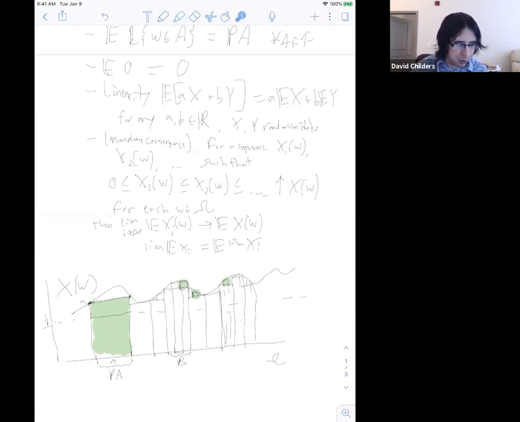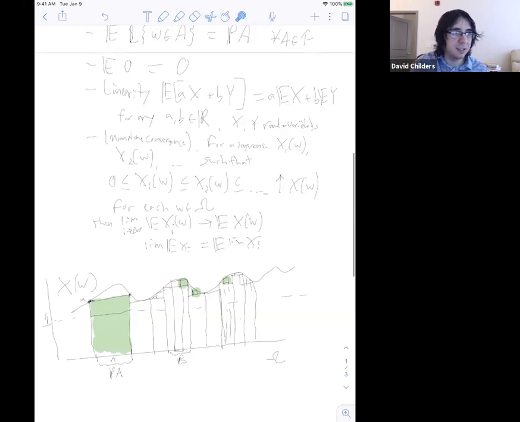So one way of thinking about this is rather than splitting it up vertically, we're splitting this up horizontally, adding additional components vertically in this monotone fashion. And so this is a way of thinking about how measure theory performs integration.